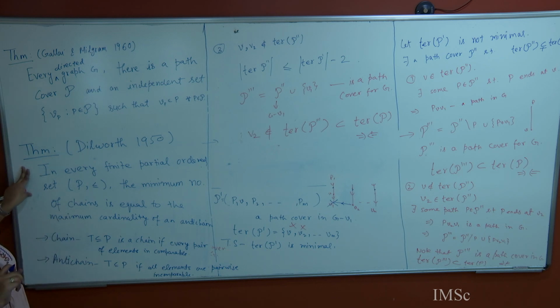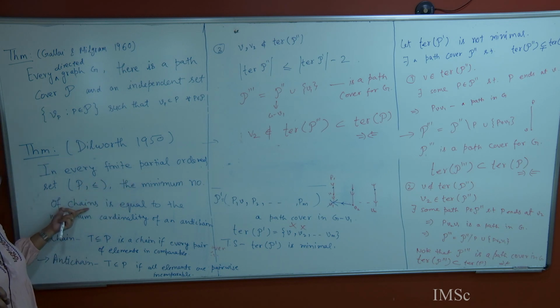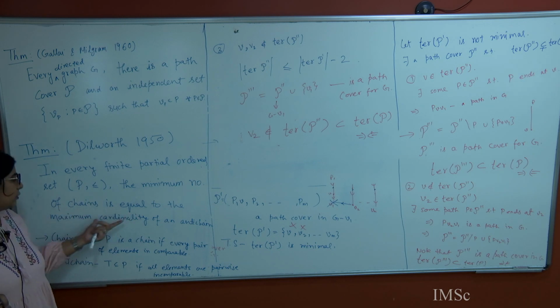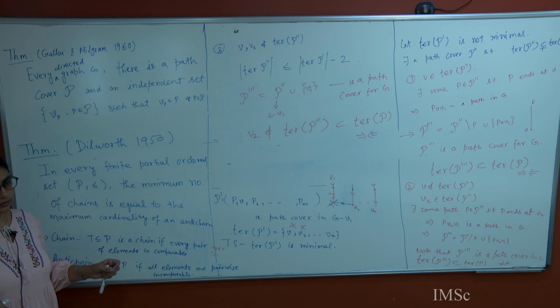So what does Dilworth's theorem say? It says that for every finite partially ordered set, the minimum number of chains is equal to the maximum cardinality of an anti-chain.